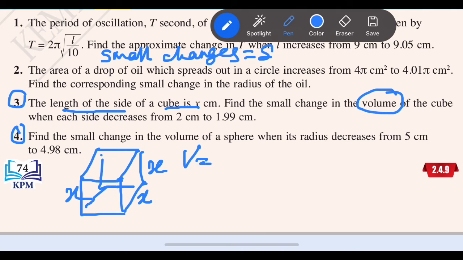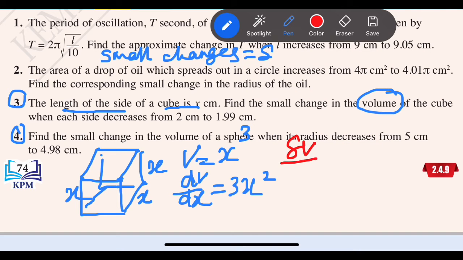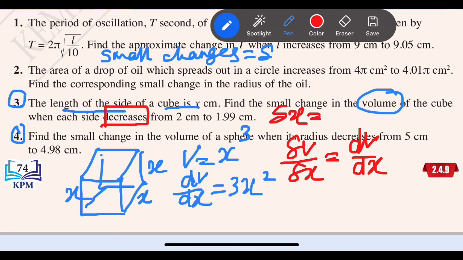So the volume will be equivalent to x cubed. We need to differentiate to find how the volume changes with the side, which is x. So we will do dV/dx. The side was decreased from 2 to 1.99, so that means the delta x must be a negative value.